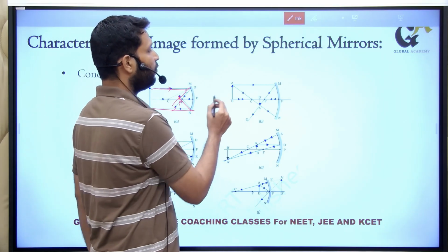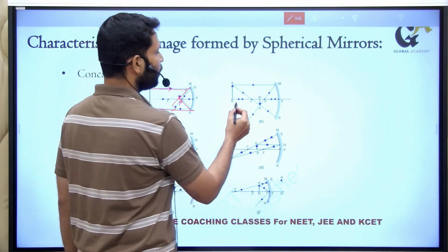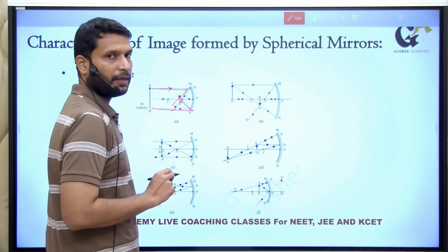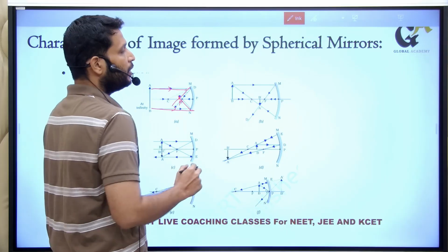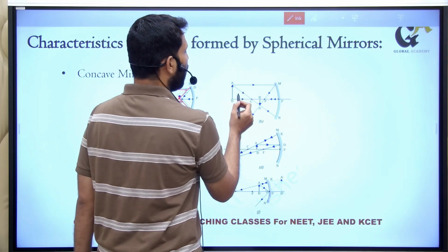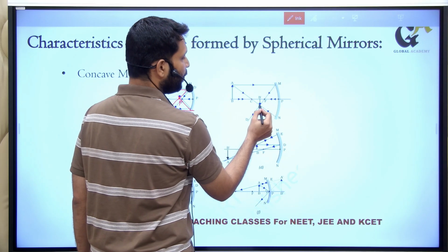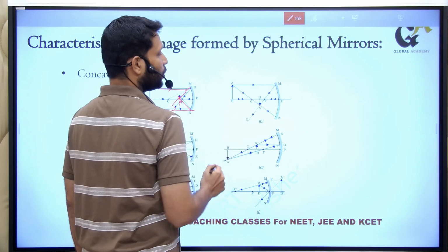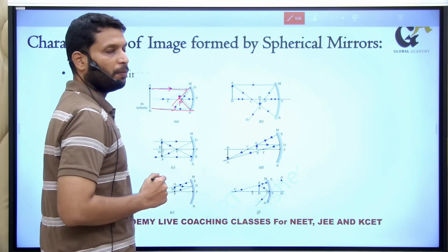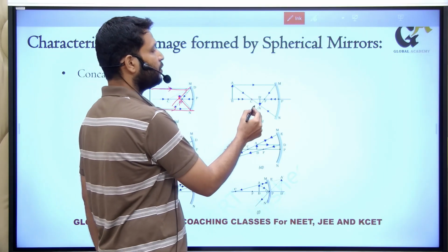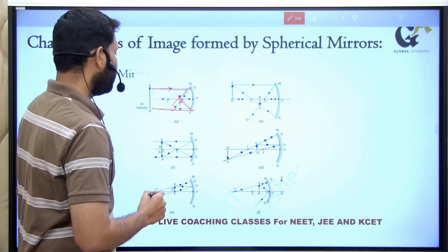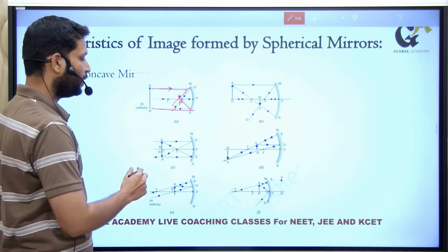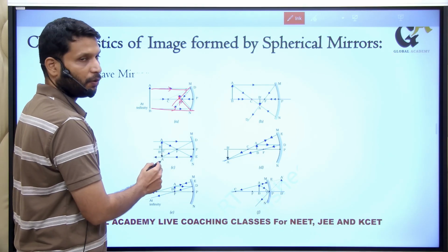Next, if you keep the object just beyond C, so here the object is not at infinity, just beyond C. After reflection, all the rays appear to meet at the points B dash and A dash. This means the image of an object beyond C is formed between C and F. Similarly, if you keep the object at C, the center of curvature, the image is formed at C only.